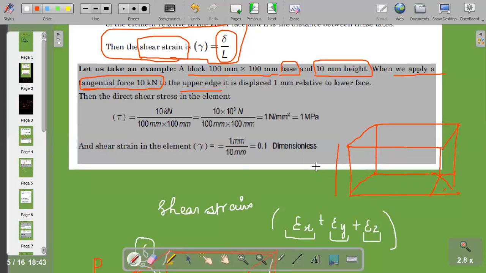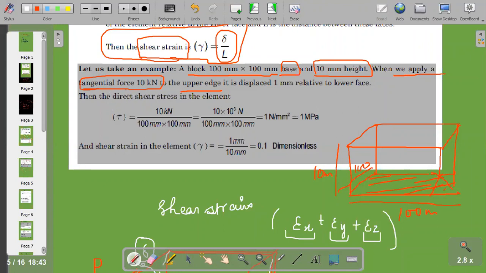Height is given 10 mm, and this is the base, this is 100, and the base dimension is 100 into 100, means this is also 100. 100 into 100 millimeter.